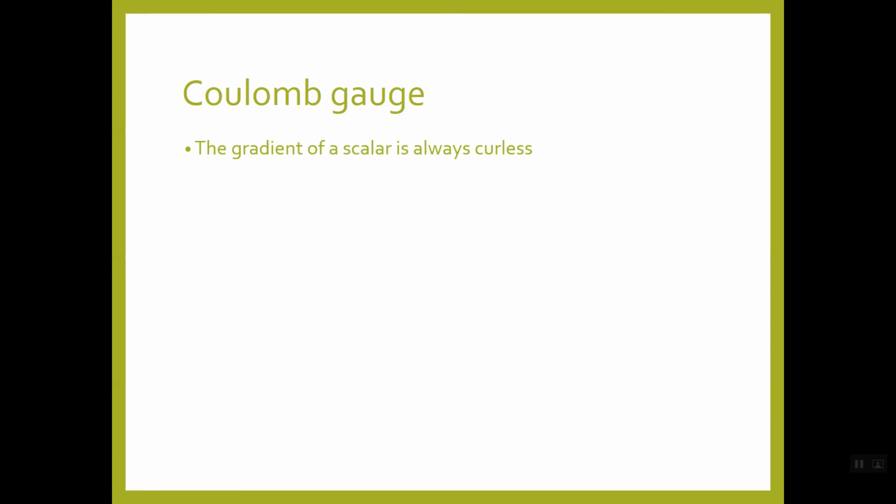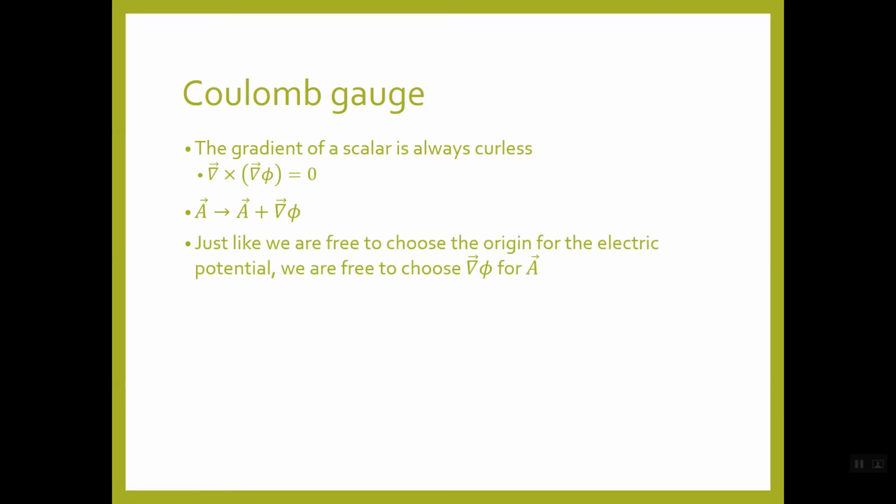The gradient of a scalar is always curlless. So we can always add the gradient of a scalar to our magnetic potential without changing the magnetic field. Just like we're free to choose the origin for the electric potential, we're free to choose this gradient of a scalar for our magnetic vector potential.